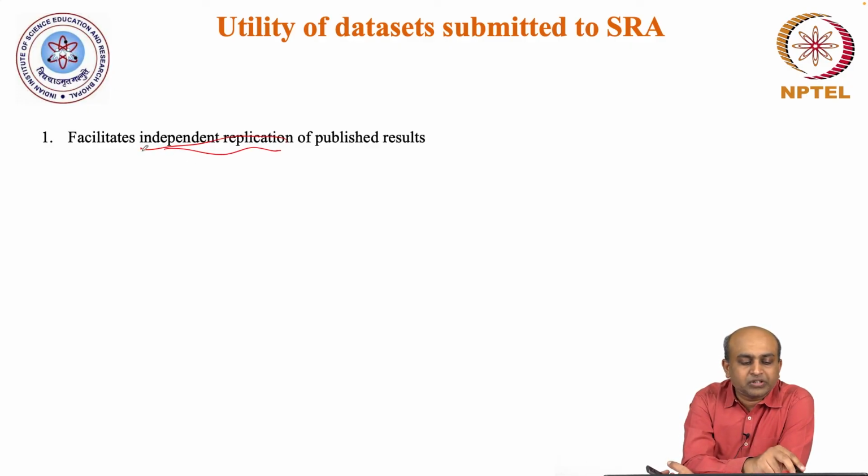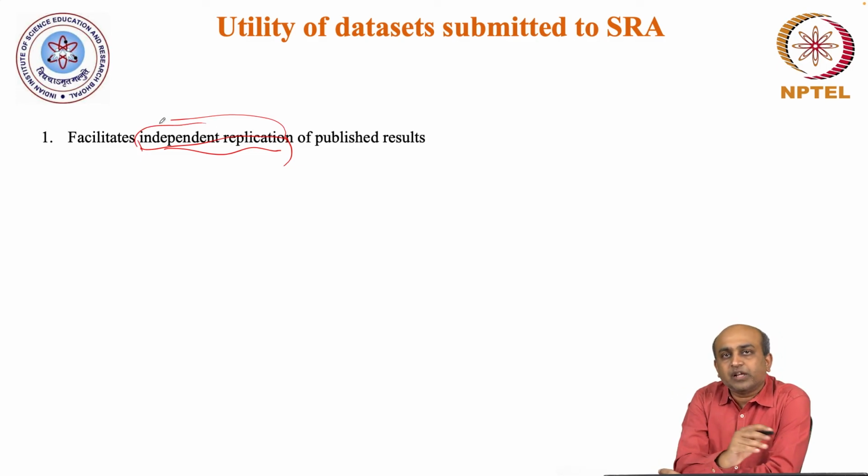So if somebody has published a study from some other place, claiming this is what we have discovered and this is the data supporting this discovery, you can download that data, try to replicate the results and see if they really match the publication. This is one of the things facilitated by the short read archive.